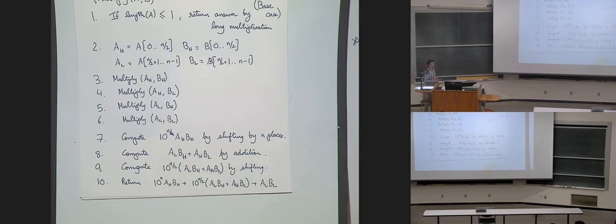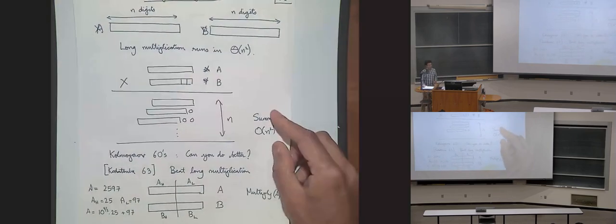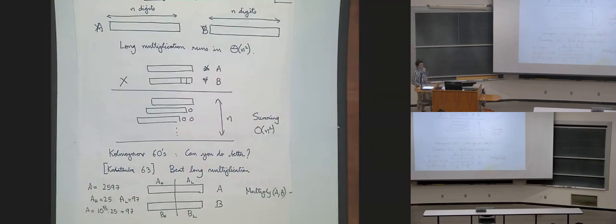Yeah? Where's the multiplication? Which step do we multiply? There is no multiplication. It's divide and conquer. Just like in sorting, merge sort, you can ask, where did the sorting happen? When you ask where the multiplication happened, even in long multiplication, where were you actually multiplying? One digit.